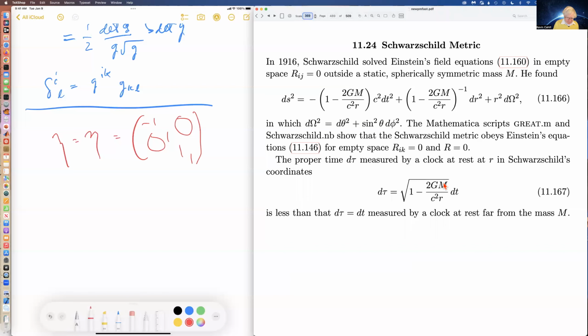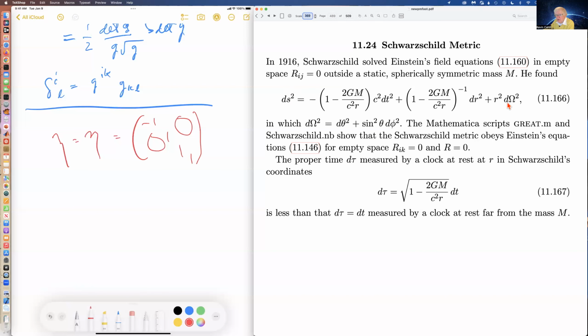Or to put it differently, you solve Einstein's vacuum equations, but with the boundary condition that inside a certain region, there's a certain amount of mass. And so you're a distance r from a mass m. This is often called the line element. I'm not quite sure why, but anyway, it's the square of the invariant separation.